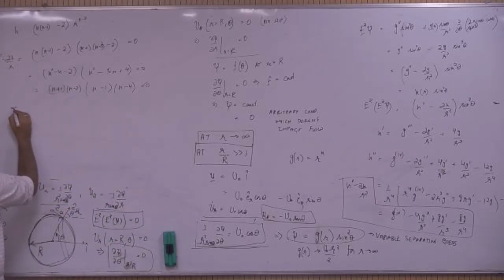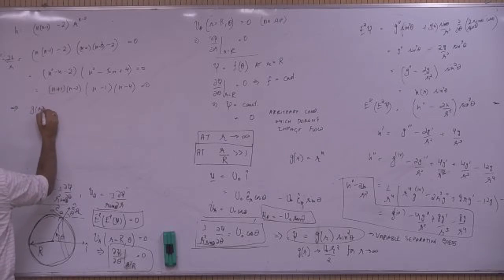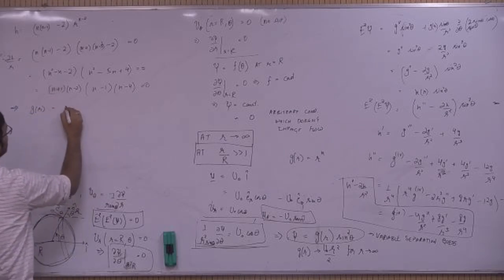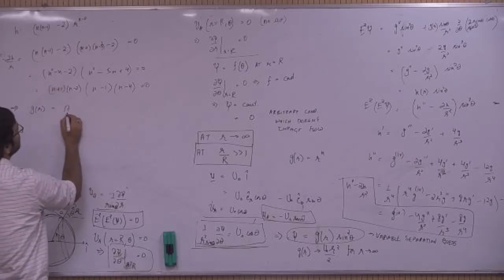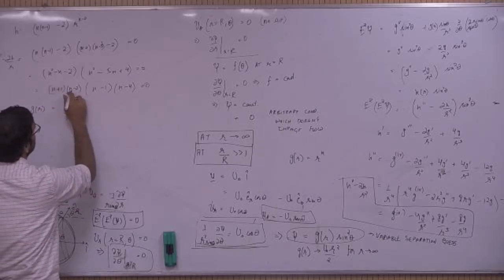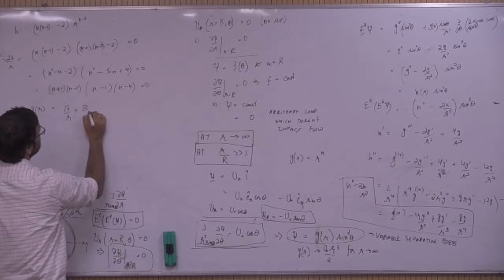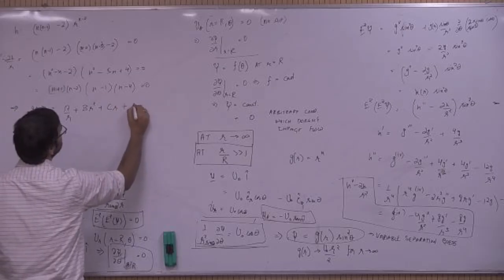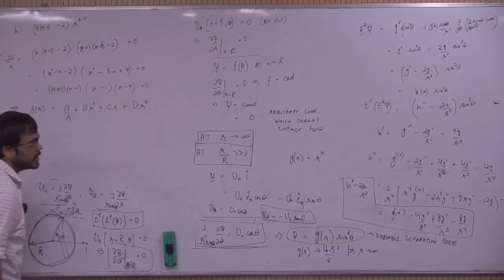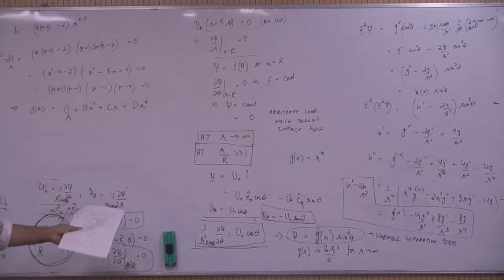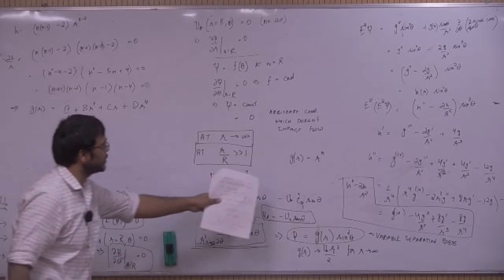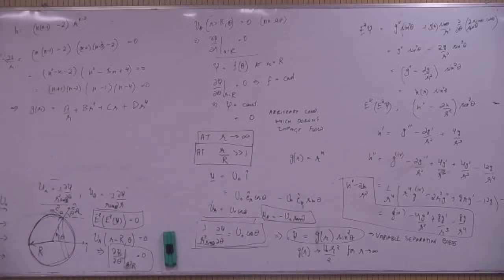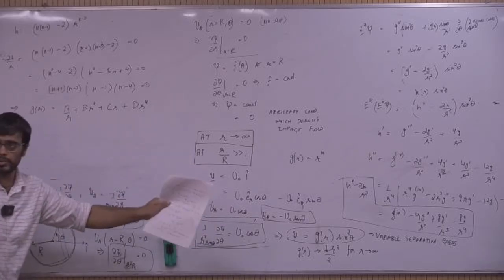So this means my g of r can be some a by r, n equals minus 1, plus b r square, n equals 2, plus some c r plus some d r to the power 4. This is the linear combination of all possible values of n. Again, I can do this linear combination because it's a linear equation.